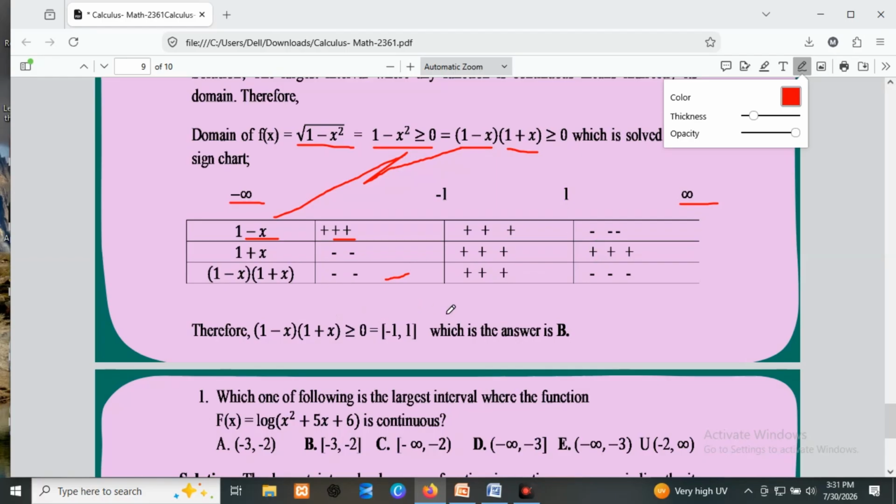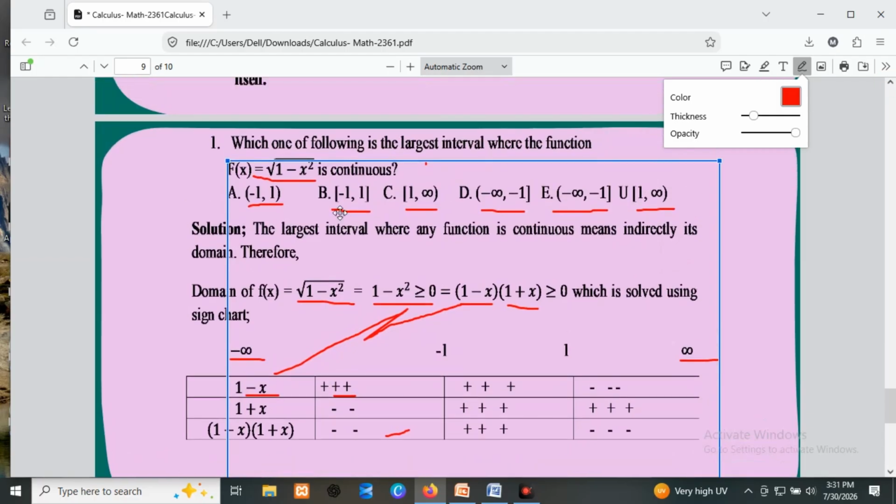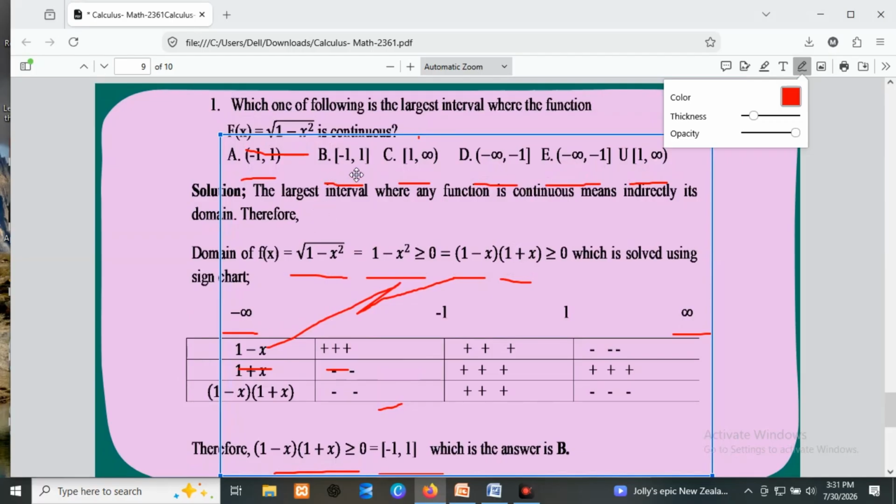Having this sign chart, we can see the function is greater than or equal to 0 for the interval between minus 1 and 1, including the endpoints. Therefore, the largest interval where this function is continuous is the closed interval between minus 1 and 1, which means the answer is B. The answer is B.